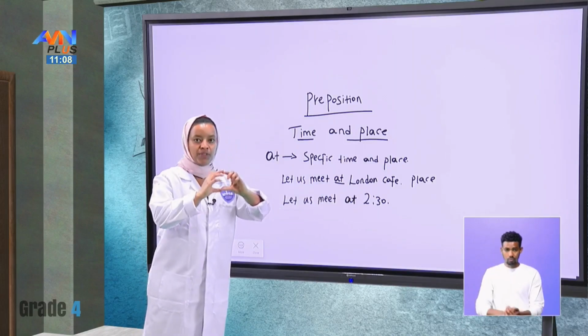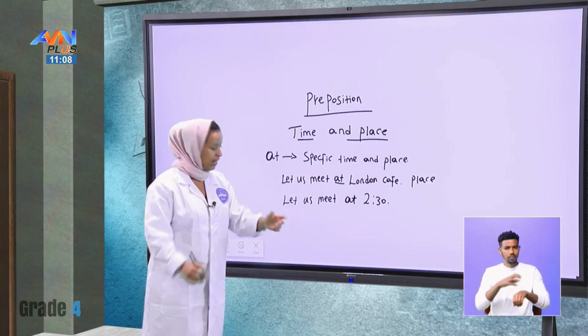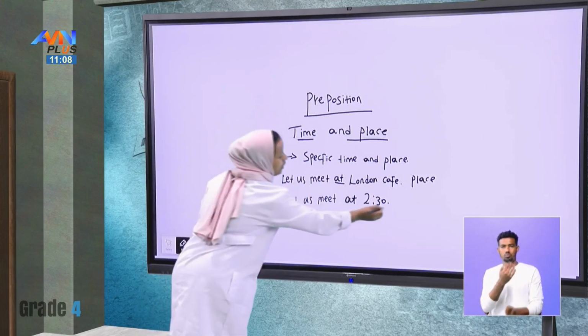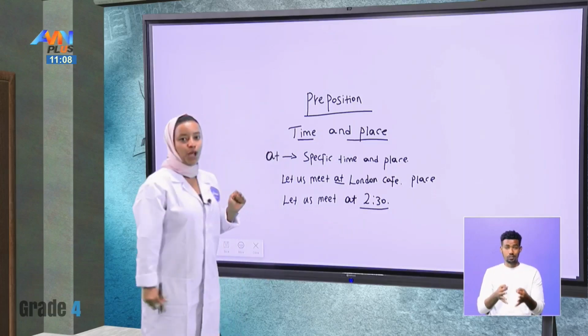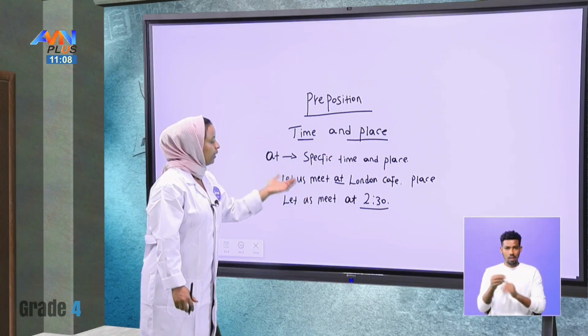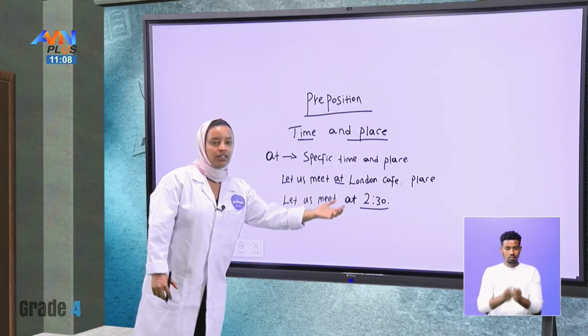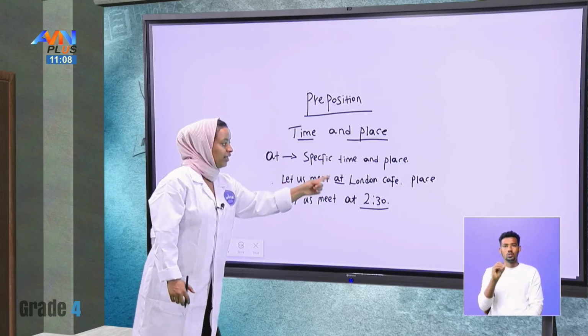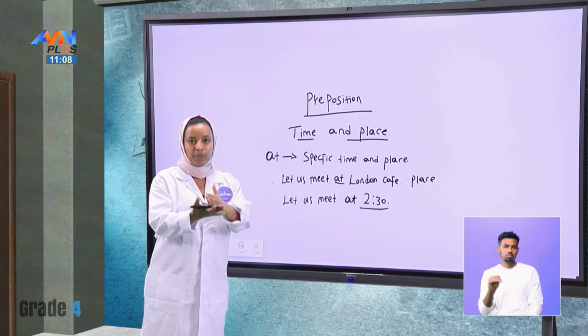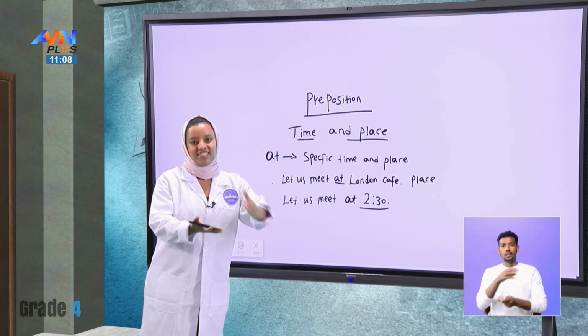You are going to meet with the person at this time. Let us meet at 2:30. It's a very specific time. Here is the next example and the first example. Let us meet at London Cafe at 2:30. At 2:30, specific place and time.